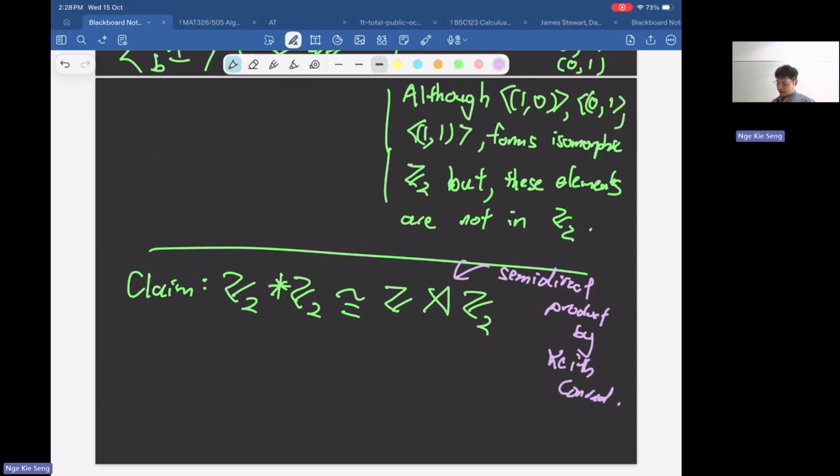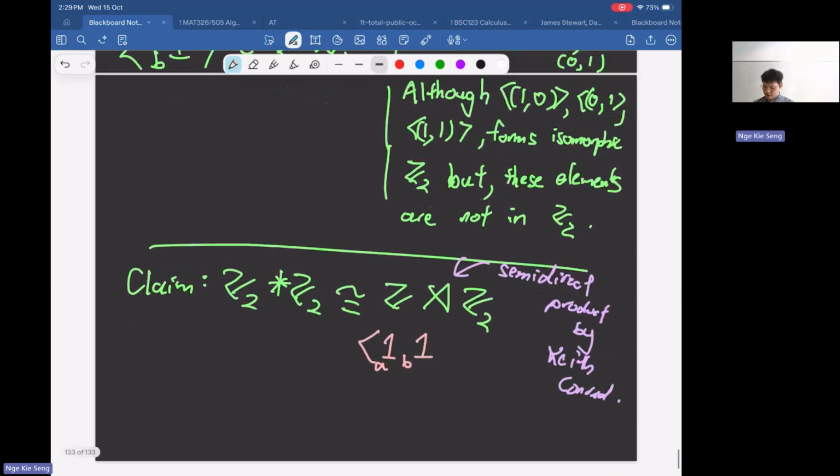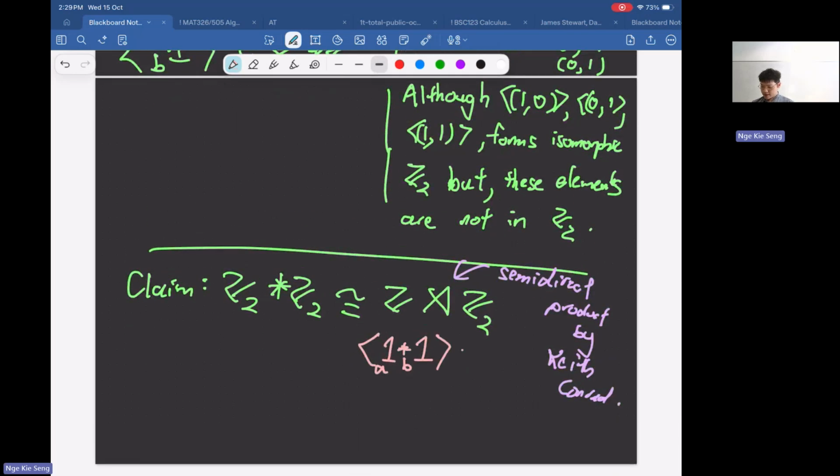So who builds out this Z and Z2? For example, you can take 1A and 1B, free product together, and then on the other side, you just pick one of them, 1A. So what's the difference between the semi-direct product and the product? In the product, you just multiply component-wise. This one also multiplies component-wise, but not that easily. Meaning there's some contribution from the second component to the first component.